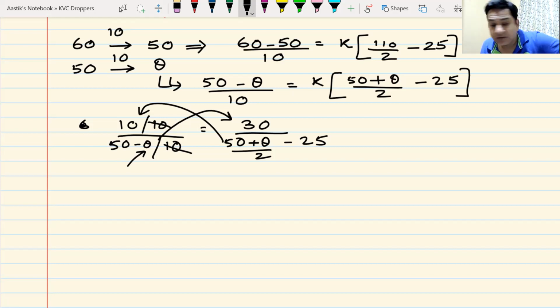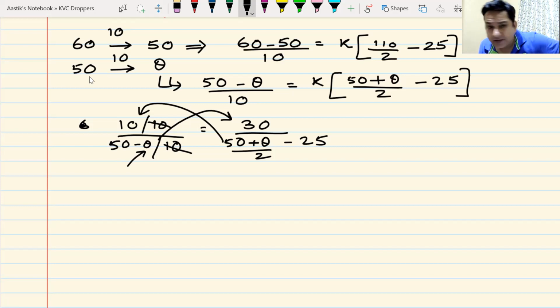The only thing is, this is just a part of maths and it might consume some time on your end. So you can just make an intelligent guess if you want to. The intelligent guess is, in 10 minutes, it cools down by 10 degrees Celsius.